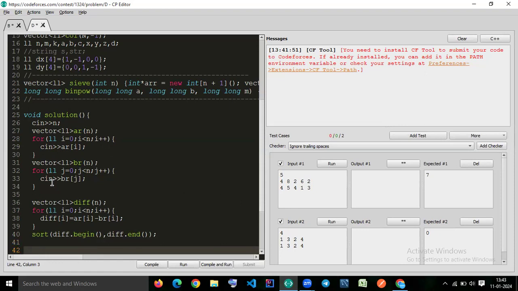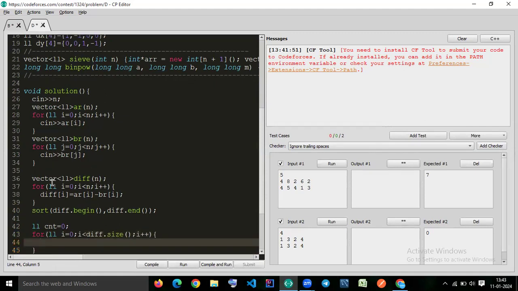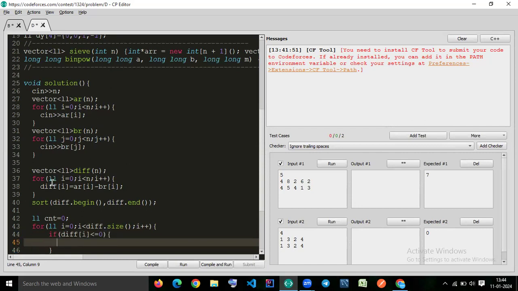So long long count equal to 0, for long long i equal to 0, i less than diff dot size, i plus plus. Because the array is sorted, negative numbers come first and then positive numbers. So if the elements are negative, they are ignored, because we are picking those elements which are greater than 0, so you can just continue.